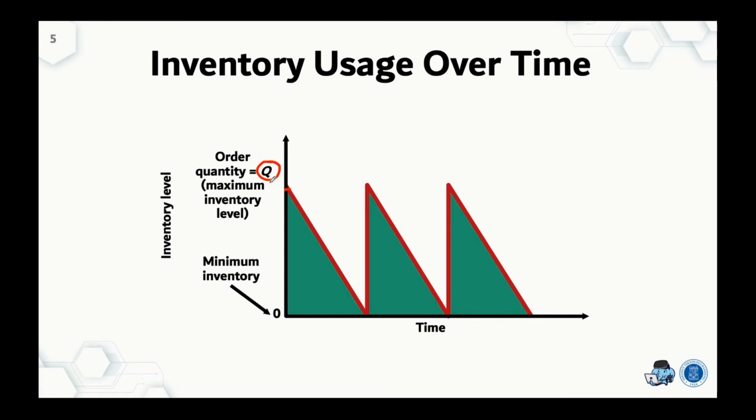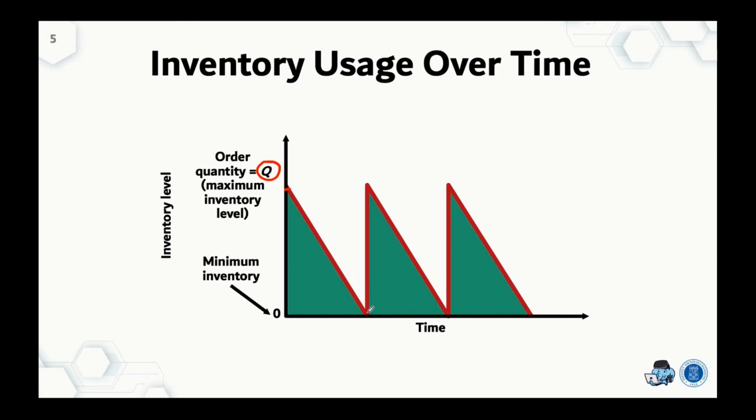So we have Q as the maximum inventory level. By the time we consume this, the inventory level, on this axis is time, is decreasing over time.